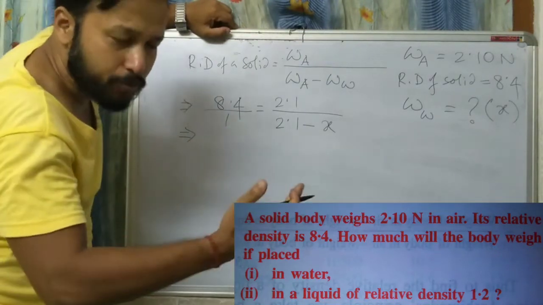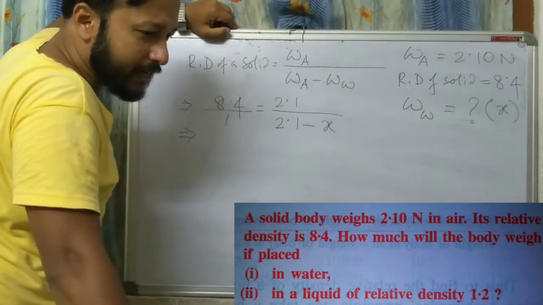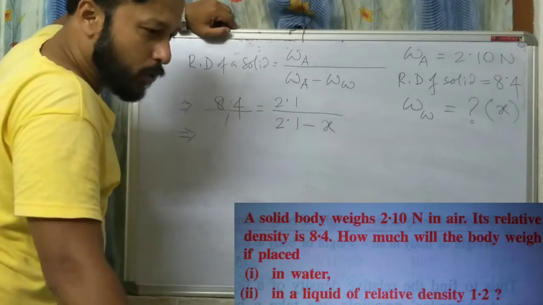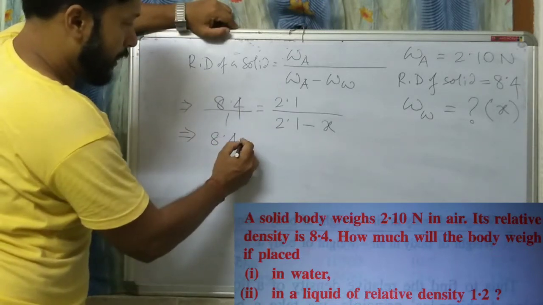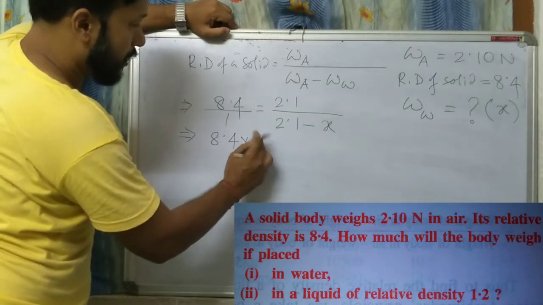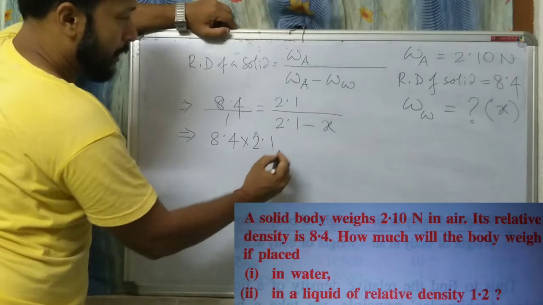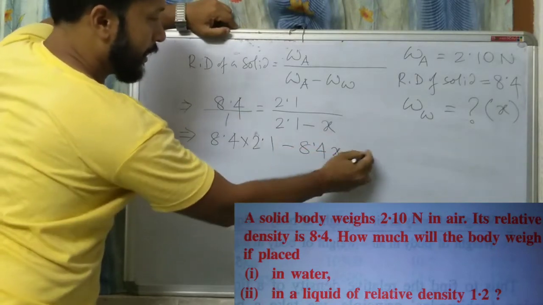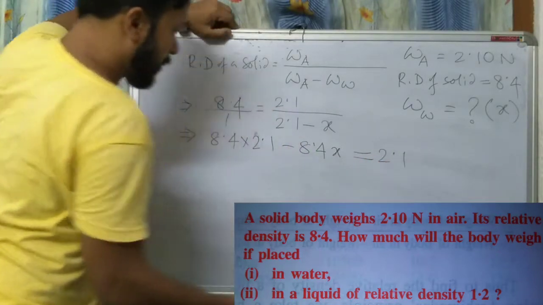Now just cross multiply it. After cross multiplication, we are getting 8.4 into 2.1 minus 8.4 into x equal to 2.1 into 1, 2.1.